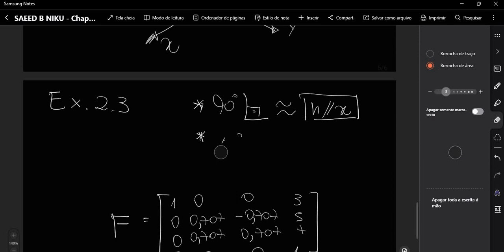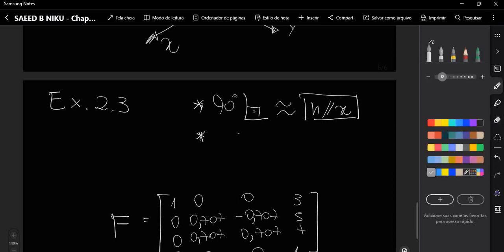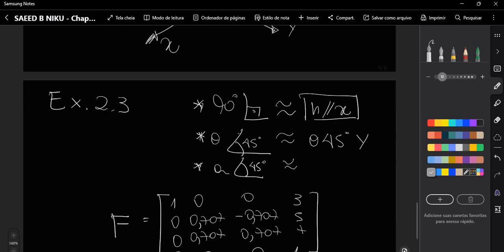The axis o is 40 degrees related to the axis Y, and the axis a is also 40 degrees with the axis Z.